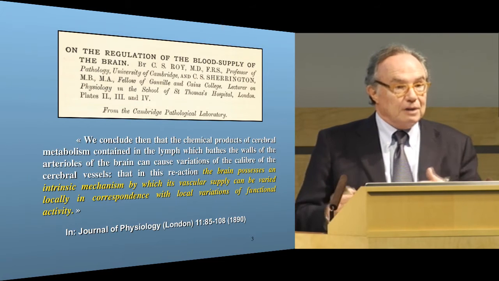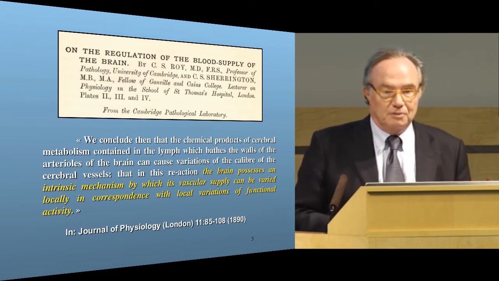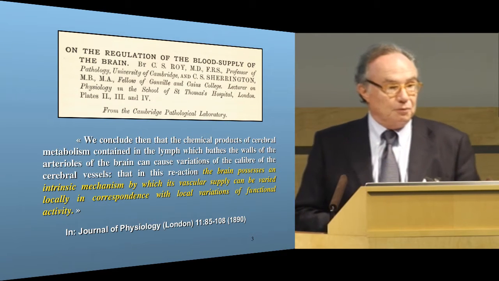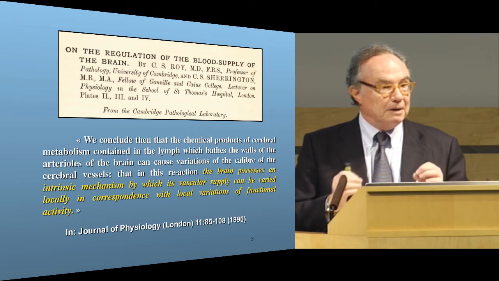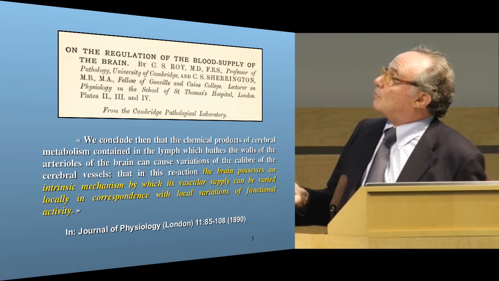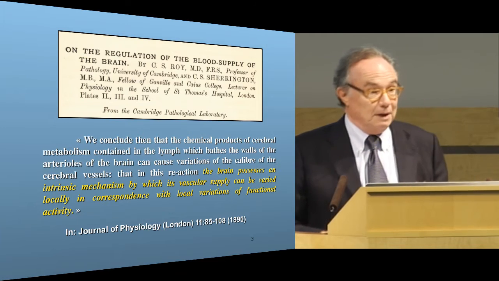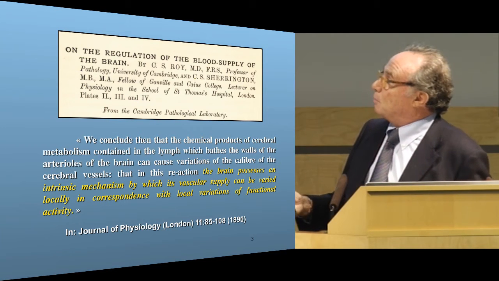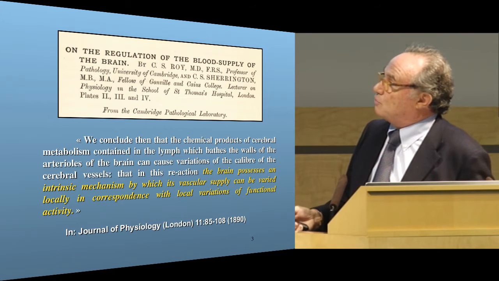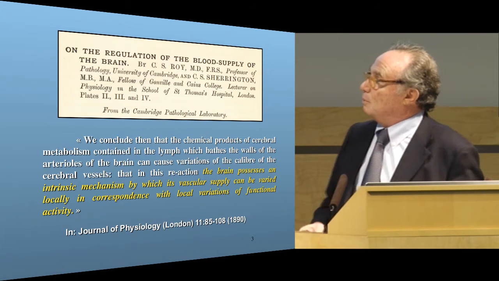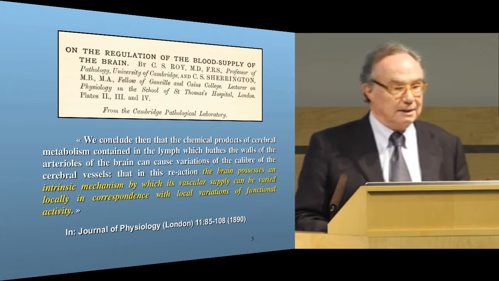Now, in addition to this feature, which defines brain energy metabolism at the global level, there is another important feature, and that's the regulation in space and time in register with activity. And in fact, the first formulation of this was by Sherrington himself at the end of the 19th century, when he postulated that the brain possesses an intrinsic mechanism by which its vascular supply can be varied locally in correspondence with local variations of functional activity.